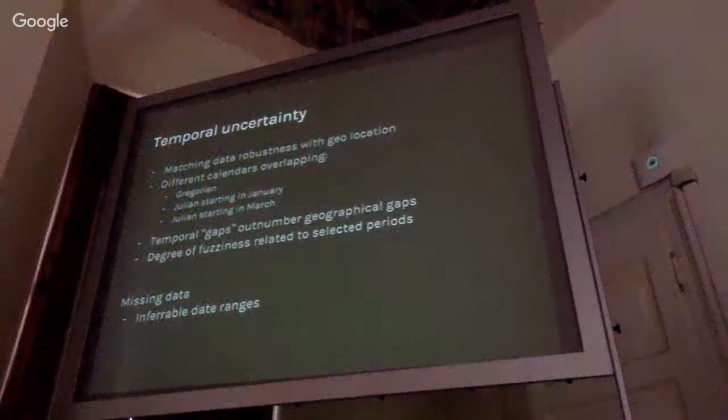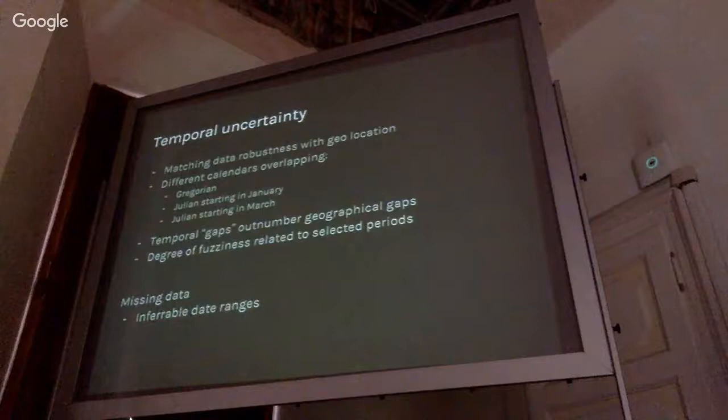A second uncertainty we figured was related to the temporal one, and especially related to the fact that the temporal gaps in the database generally outnumber the geographical gaps, meaning that we have more data at the geographical level than at the temporal one, because we don't have lots of really precise dates of these letters.